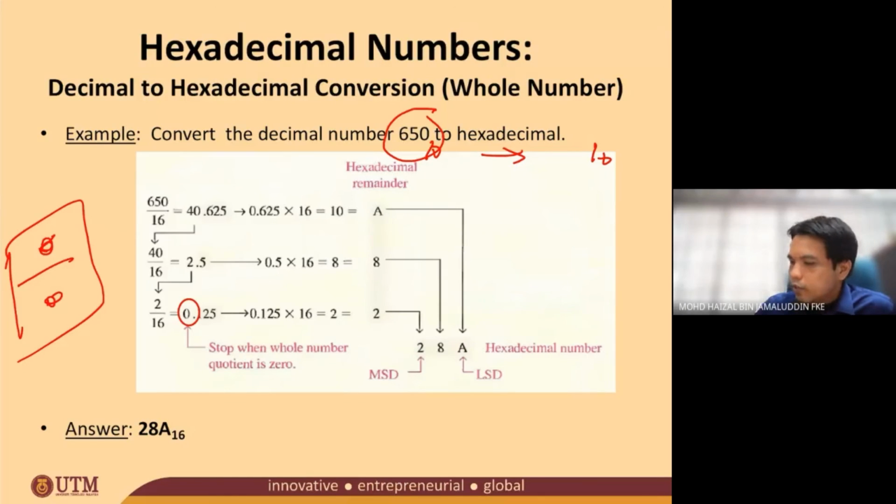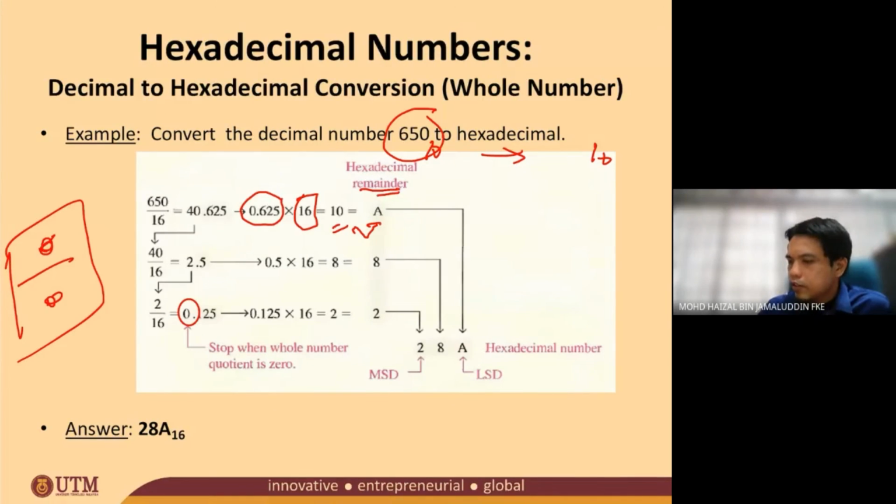Okay, so you divide by 16, you have 40.625, and you take the remainder of 0.625, so you times with the hexa, so it's 16 here, and here you get a value of 10. And be careful when you have the value of 2 digits here, for example 10, 11, 12, 13, 14, you need to change to the hexa value, and in this case is A.